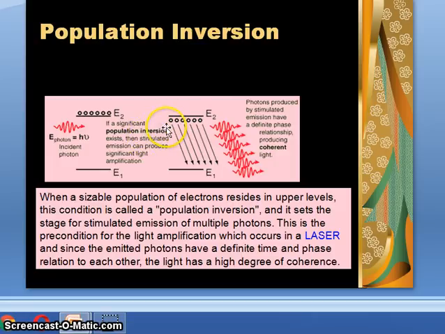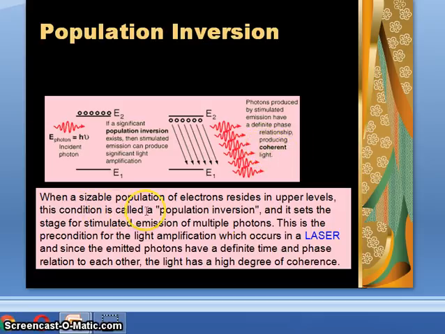Another photon of energy E2 minus E1 triggers the electron to stimulate and go to the lower energy state by emitting light of multiple photons. Photons produced by stimulated emission have a definite phase relationship, producing coherent light.